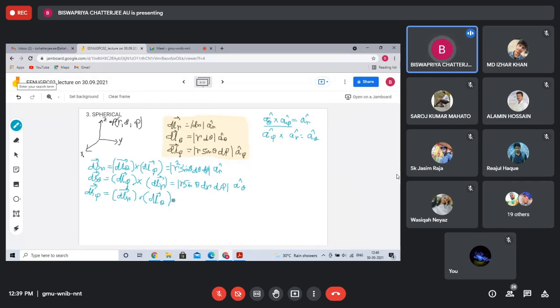So the magnitude will be r dr d theta, and the direction will be a r cross a theta, which should be a phi cap.